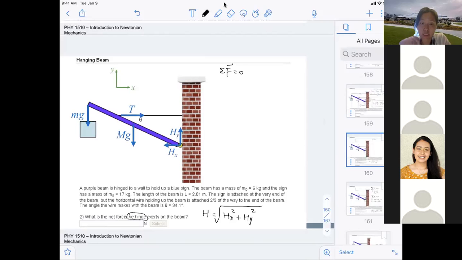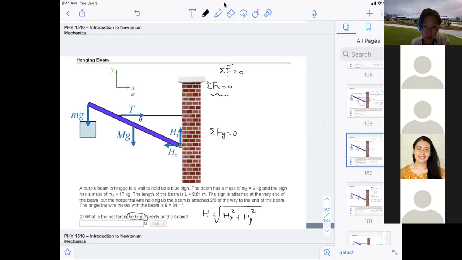I should be able to get two equations. One is to sum up all the forces in the X direction, and one is to sum up all the forces in the Y direction. So I have two equations and two unknowns, Hx and Hy, and I know I'm able to solve it. All right, so let's sum up all the forces in the X direction.